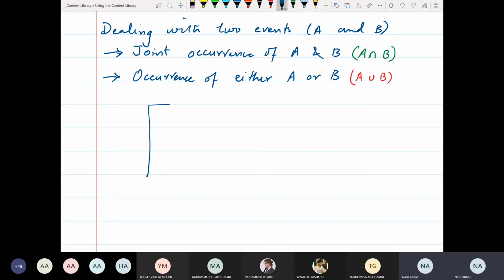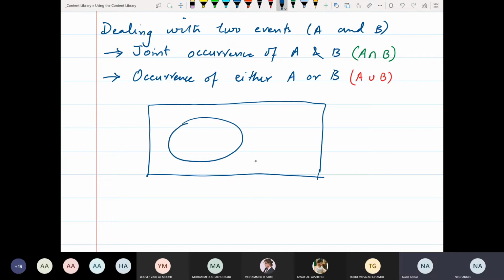you have this space, and in the space, you have these two events A and B. These two circles are A and B. The common area between A and B is the joint occurrence where A and B both are occurring.